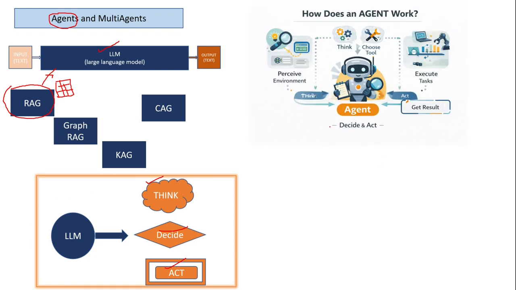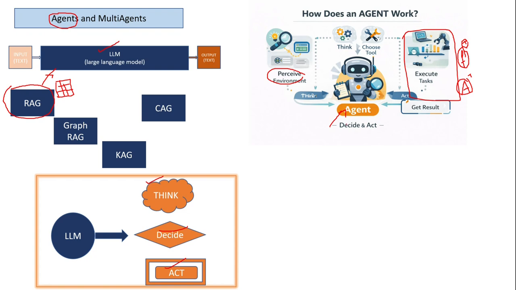When you ask a query to an agent, first it will perceive the environment. Perceive the environment means it will think how many tools I have, custom tools. For example, you have written one function to retrieve the document from the RAG, and that becomes a tool. And even if there is an external website and you have REST APIs for that, you can directly write some functions and make it a tool.